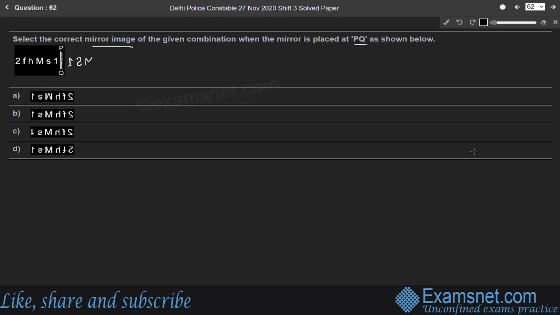M will be as it is, right? Whereas the next H looks like this. The image of F will be like this. 2 will be like this. Therefore, option B is the right answer.